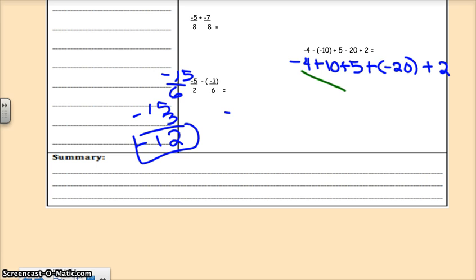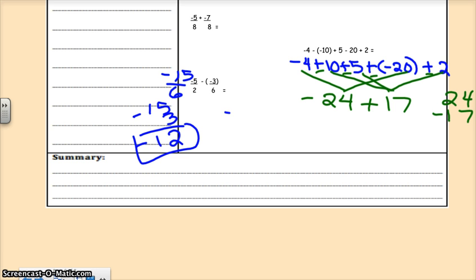Negative 4, negative 20 would be negative 24, and then I have all my positives. 10 plus 5 is 15, plus 2 is 17. So they're opposite signs, take their difference. It's 7, right? The negative is further from 0, so it would be negative 7.